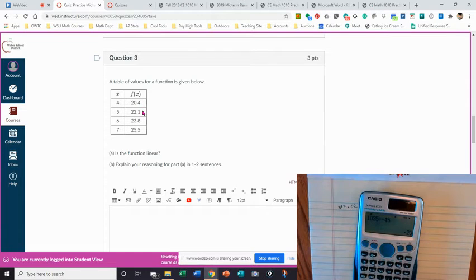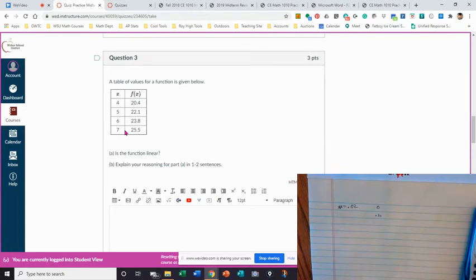I'm going to start down here at 25.5. 25.5 minus 23.8 is 1.7. 22.1 minus 20.4, so all of these are going up by 1.7.